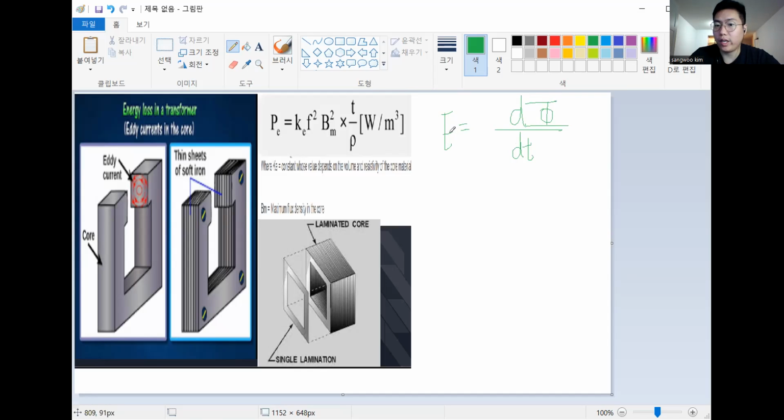It makes E, right? And this is Faraday's equation. If we add a minus here, this is Lenz's. I'll explain more about it, but adding or removing the minus is a really important thing to understand. If you guys don't understand Lenz's law and Faraday's law, you cannot understand how transformers work, the mechanisms.